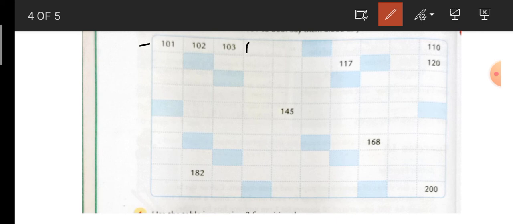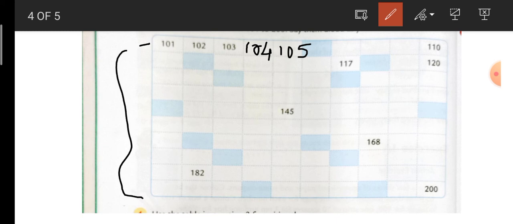Like that you keep on saying and start writing. Okay. 103. After 103 it is 104, 105. Then after that 106, 107, 108. Like that you will complete this entire box.